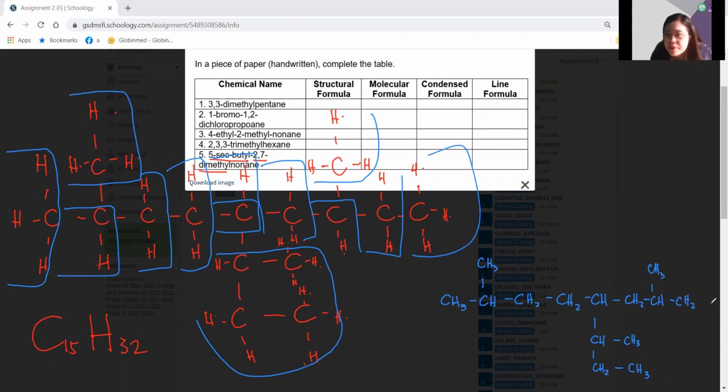And lastly, we have the CH3. This is now the condensed formula. So, this is the reason why I don't like the structural formula, because it's confusing sa kadaghan sa hydrogen. Let's use mostly the condensed formula para mas madali siyang tingnan.